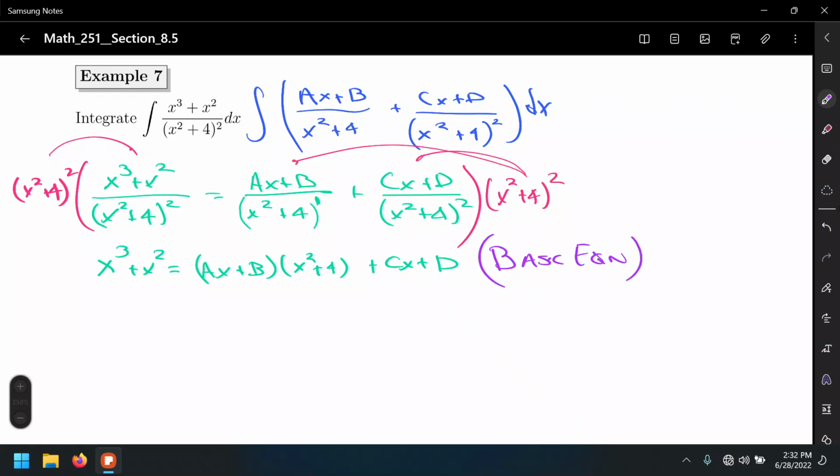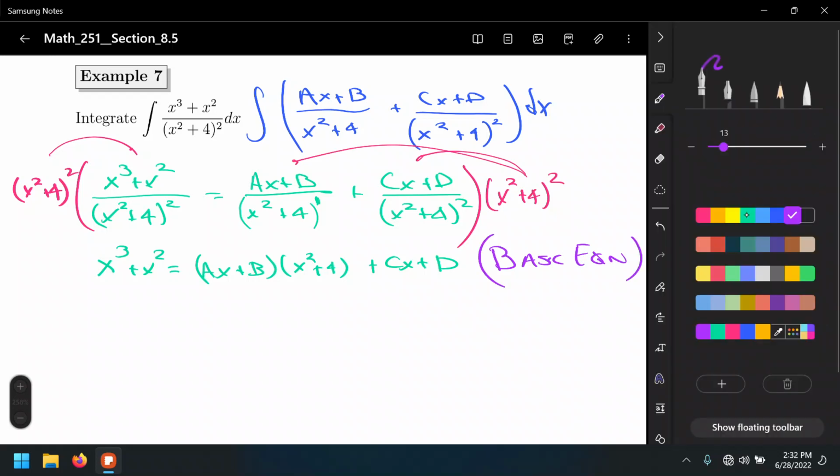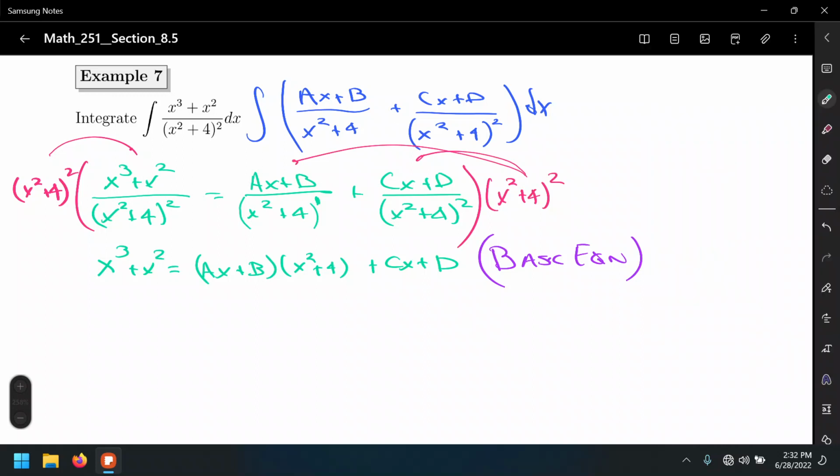Okay, so let's see. Any convenient values that zero some stuff out and we can figure out a letter A or B or C or D? Well, on the one hand, we have a problem here.